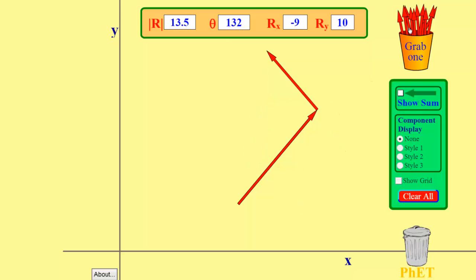Even if you add one more vector, say one more force acting on the object, you can still stick with the method, which is head and tail. You can always add here so that it makes head and tail, or you add here. Okay, let's say we add here, and the resultant, what do you think?